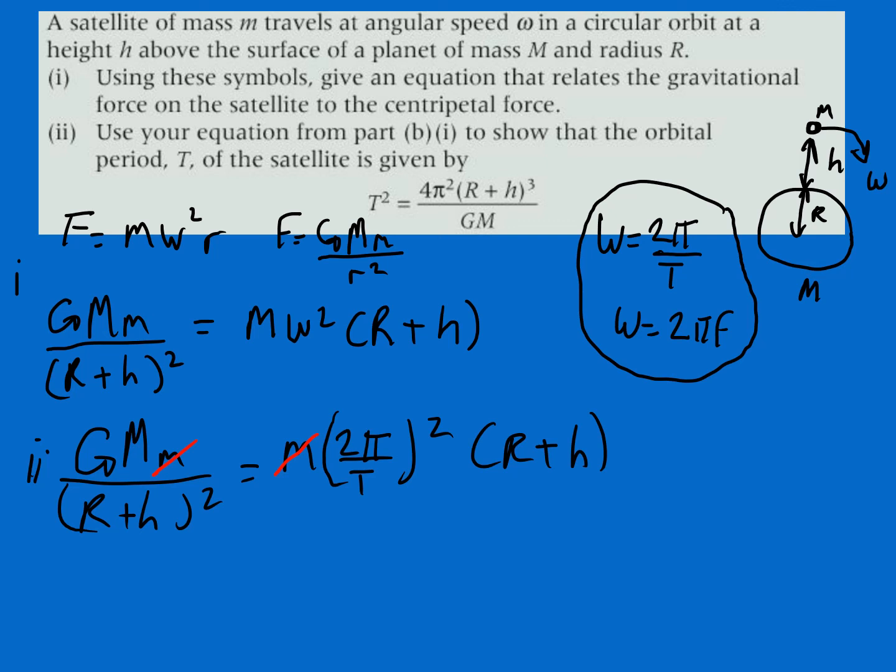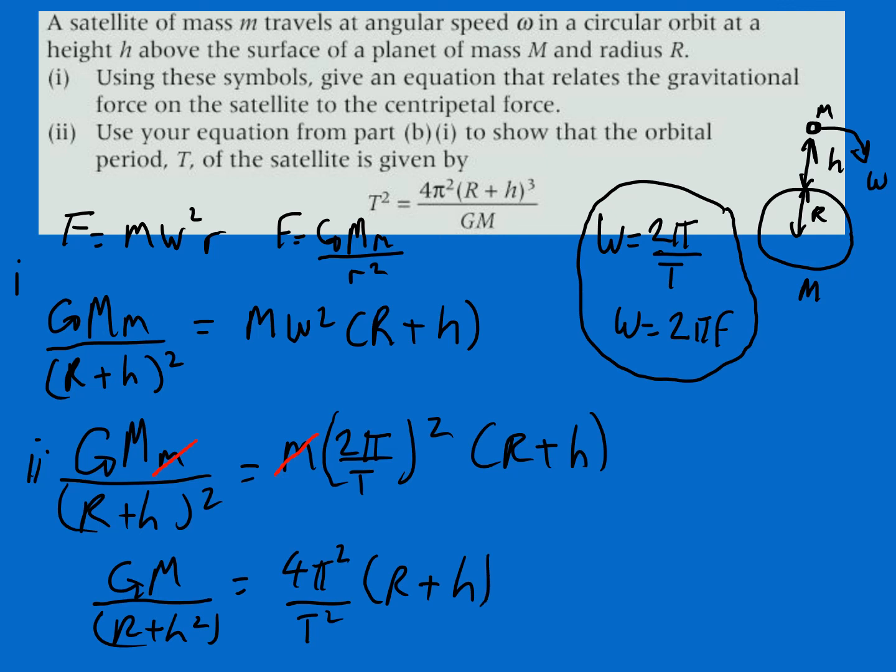So we'd have GM over (R plus h) squared is equal to 4 pi squared over T squared times (R plus h).